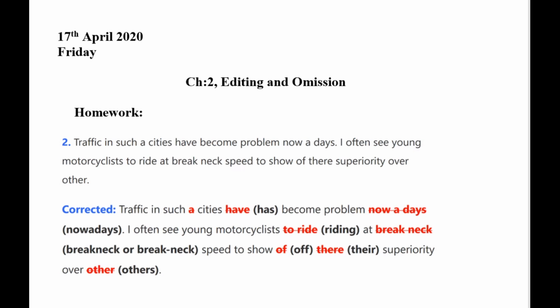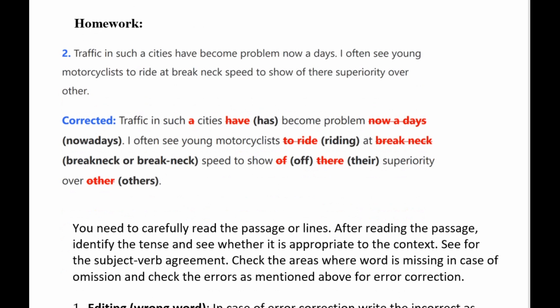So moving forward and talking about today's topic, we will be discussing the format of doing editing and omission. The exercise that I did yesterday and today is for your general awareness of how we do editing and how we do omission errors. But now I will talk more about how it will come in your paper and how you're supposed to write them down.